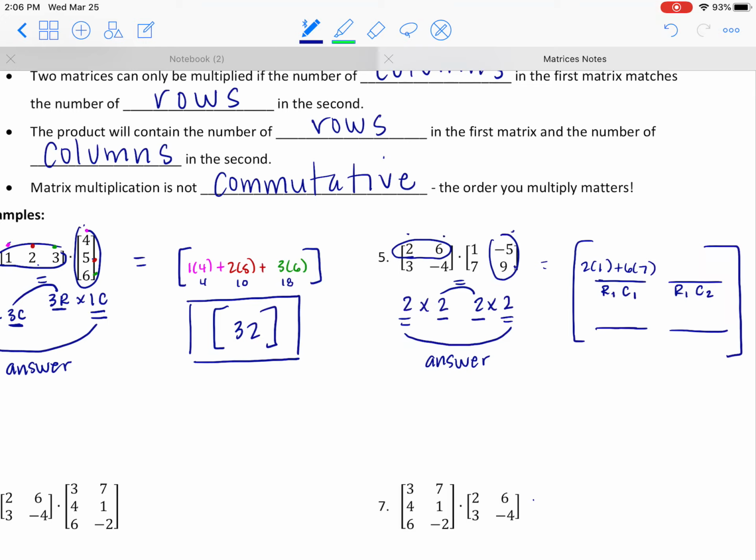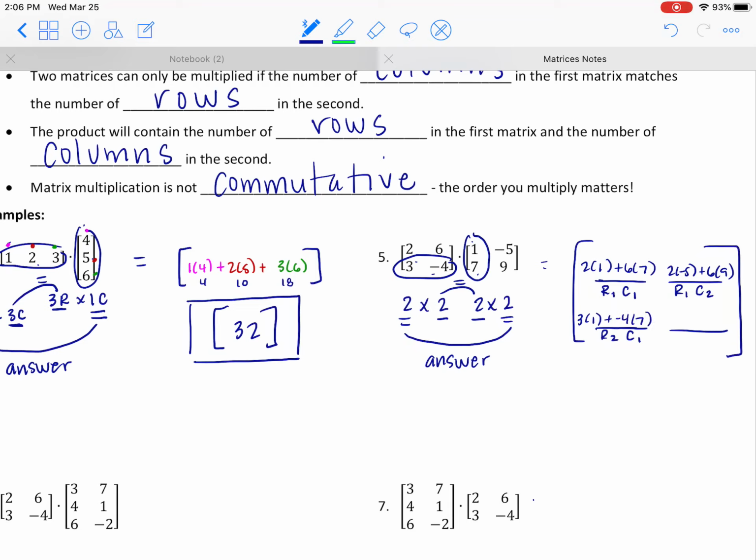So it's 2 times negative 5 plus 6 times 9. Let me do that again. Now I've moved to row 2 of the answer, but I'm back to column 1. So if that's row 2, column 1 of the answer, I'm going to use row 2, column 1 to get it. So 3 times 1 and negative 4 times 7.